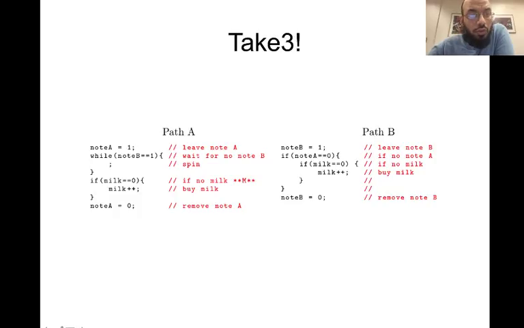So now it will check for milk, it will add milk, and it will change node A. The difference between this and the previous answer is that now one of them waits, spinning forever until the lock is released, while the other one does not spin. The other one just tries, and if it finds that some other lock has been acquired, in this case A, it just quits. So in this case B will quit and A will perform the addition of milk.